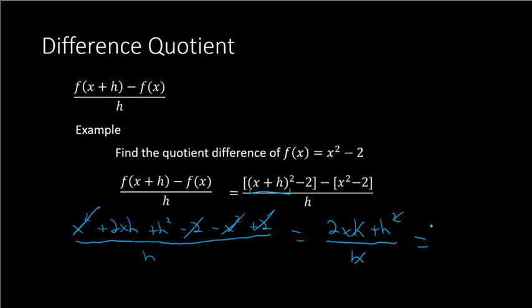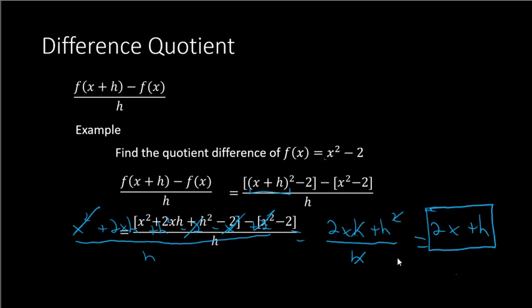What you're going to have now is 2x plus h over 1, or simply 2x plus h. So this would be the difference quotient of f of x equals x squared minus 2. And basically what we found is what we call the derivative of this function. And again, if you take calculus, that is where you'll learn about this in more detail.